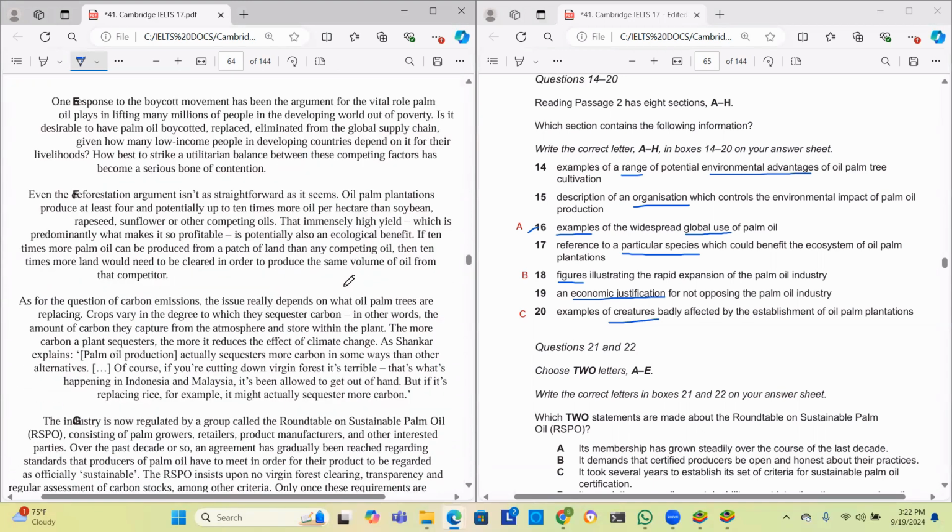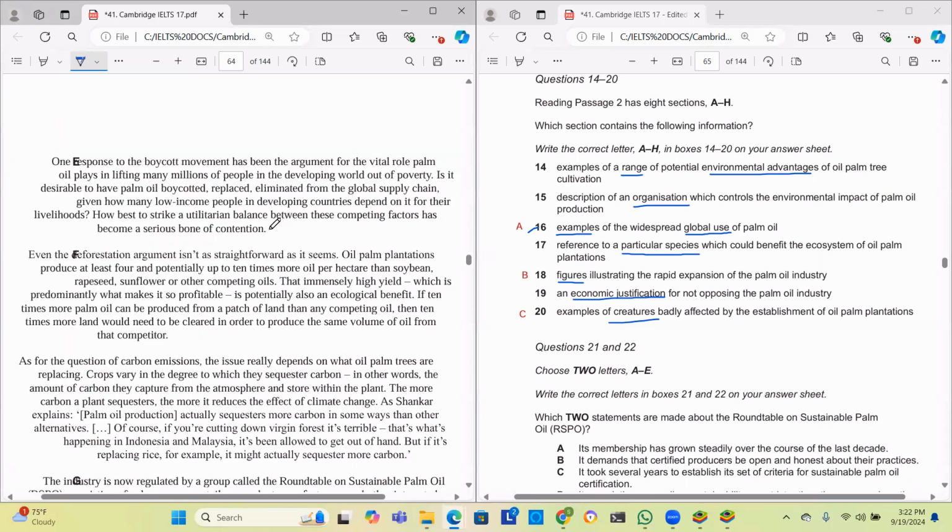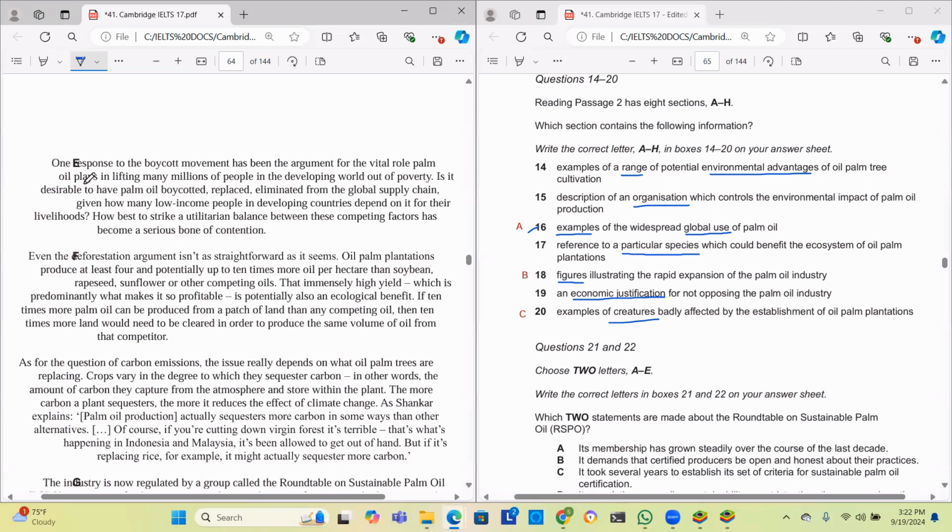That is E. Okay, the one response to boycott movement has been the argument for the vital role palm oil plays in lifting many millions of people in developed world out of the poverty.